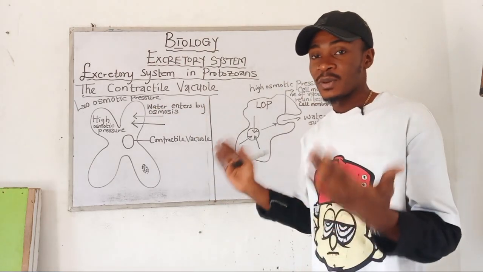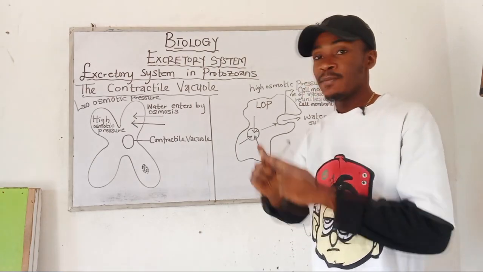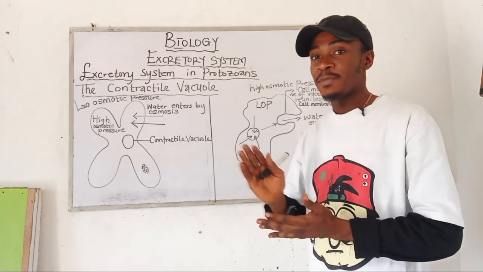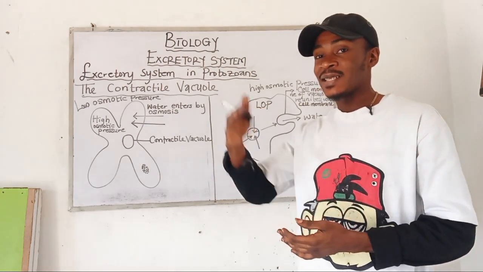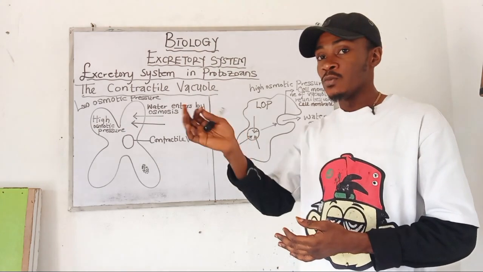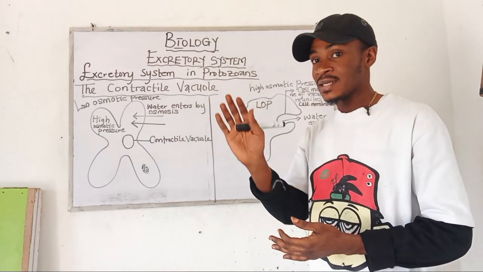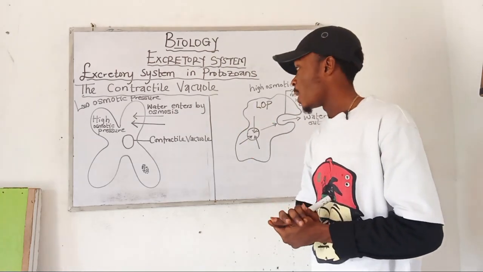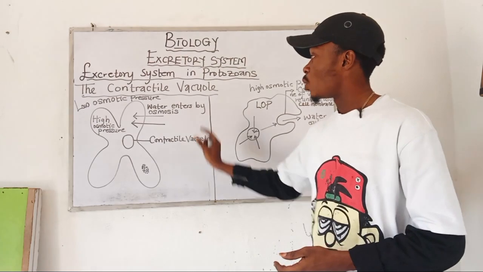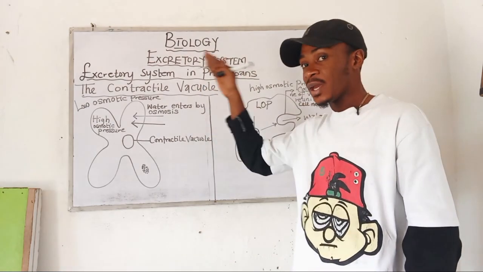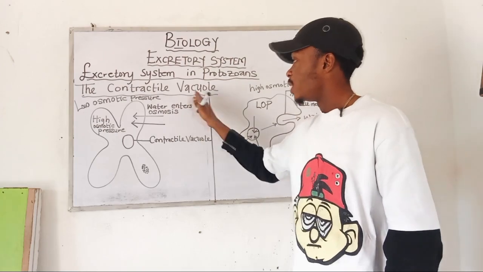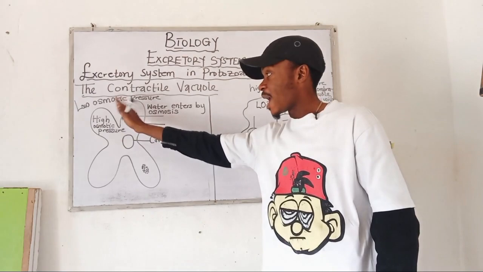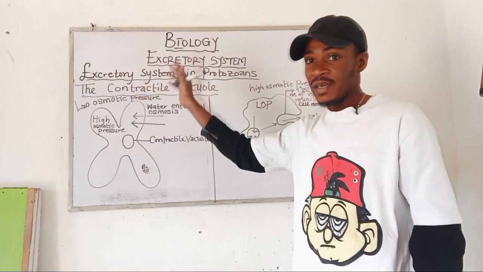It's also important to know that cell membranes generally, including that of the amoeba, are semi-permeable, meaning that they selectively allow substances to move through depending on the pore size and so on. In another lecture, we'll look into that in more detail. So due to osmosis, the water molecules will move from the lake, where there is low osmotic pressure, into the cell, where there is high osmotic pressure. This is very easy.